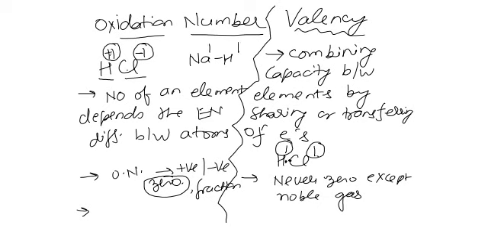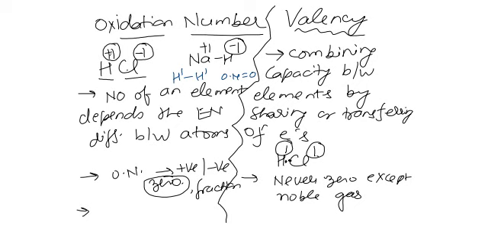So now the hydrogen oxidation number is -1. We can take one more example, the hydrogen molecule. Both atoms are the same, so the valency of each hydrogen is 1, but the oxidation number becomes 0.